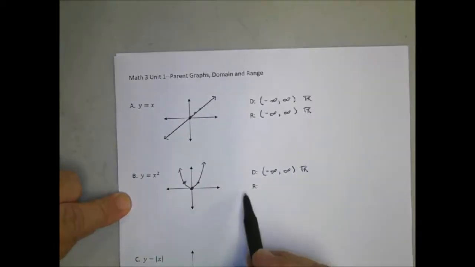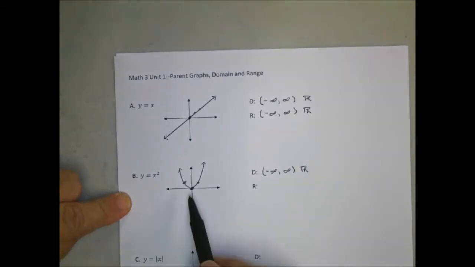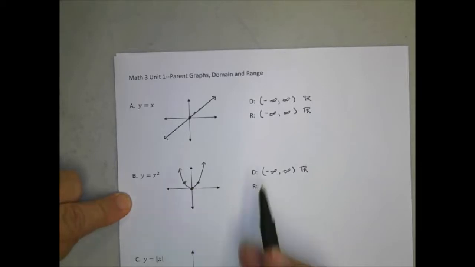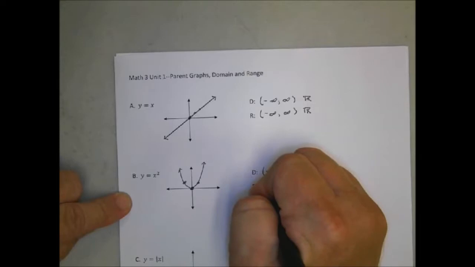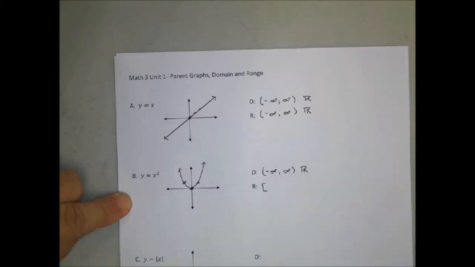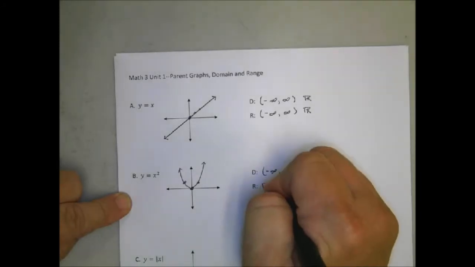Now, on the range, we got something a little bit different going on here. This parabola has a minimum value at y equals 0. So that's the lowest point this parabola reaches. So how we show that, we use a bracket, and we put 0 right there.